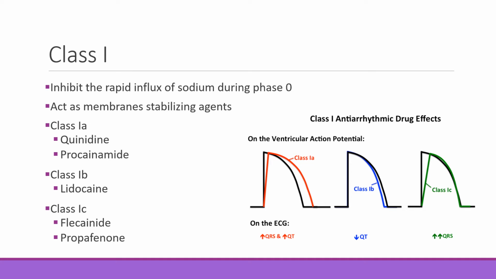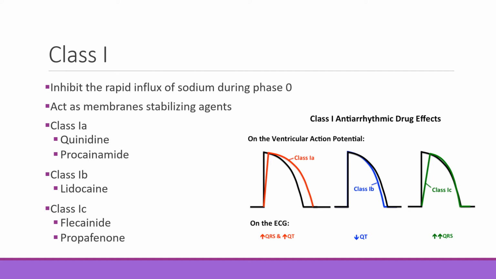So for class 1 antiarrhythmics, these inhibit the rapid influx of sodium during phase 0, and they act as membrane stabilizing agents. I'm going to skip over class 1A and class 1B agents because these you're rarely going to see in the outpatient setting, if at all. Class 1C agents, flecainide and propafenone, you may see, and you'll see all the way to the right on the picture in the green.